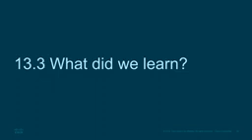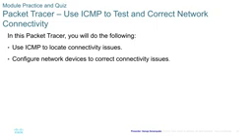That would bring us to the end of this lecture, and I will go over what we learned in this module. Again, there is a packet tracer file called Use ICMP to Test and Connect Network Connectivity. You can go ahead and download it from Cisco NetAcad, or you can download it from my website once I figure out how to obtain that file and post it.